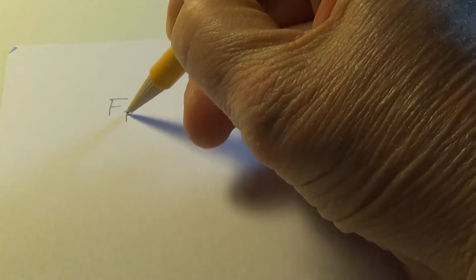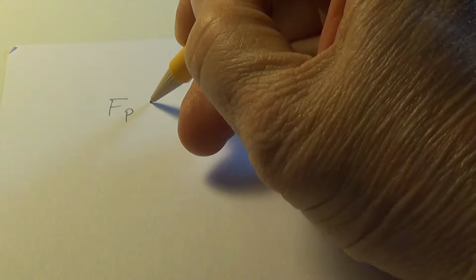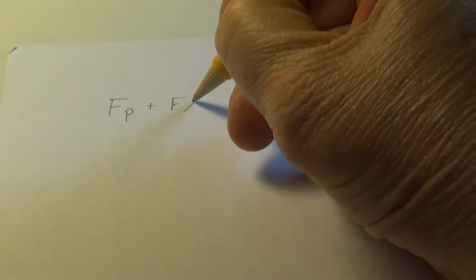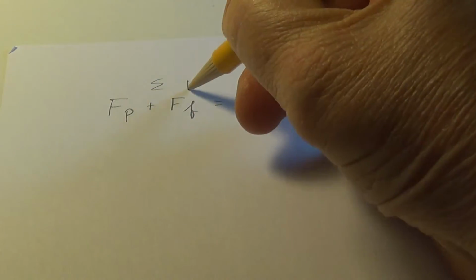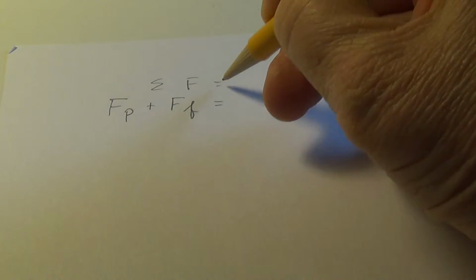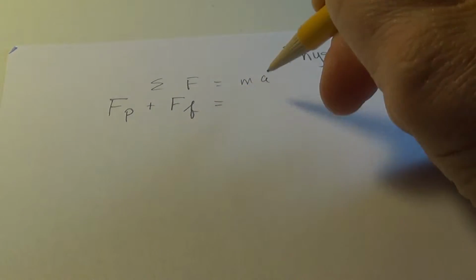Sometimes the equation looks like this: the force of the pull of the car, whatever we're talking about, minus the force of friction equals the sum of the forces, the net force, equals ma.